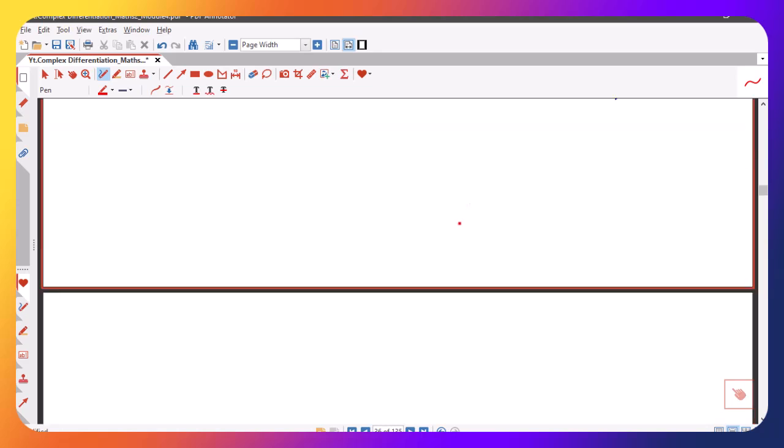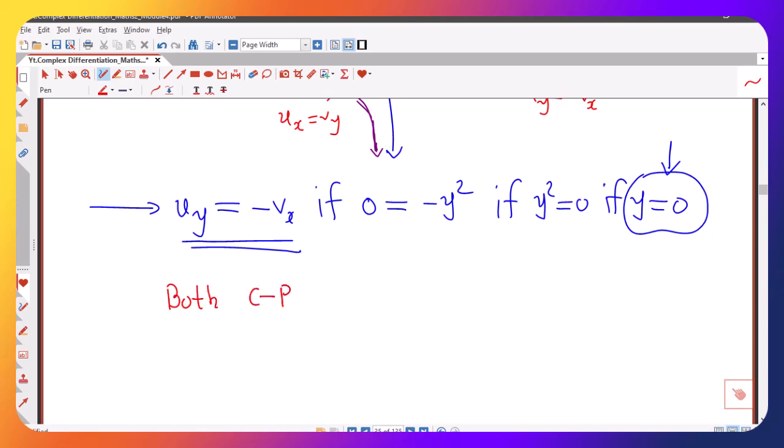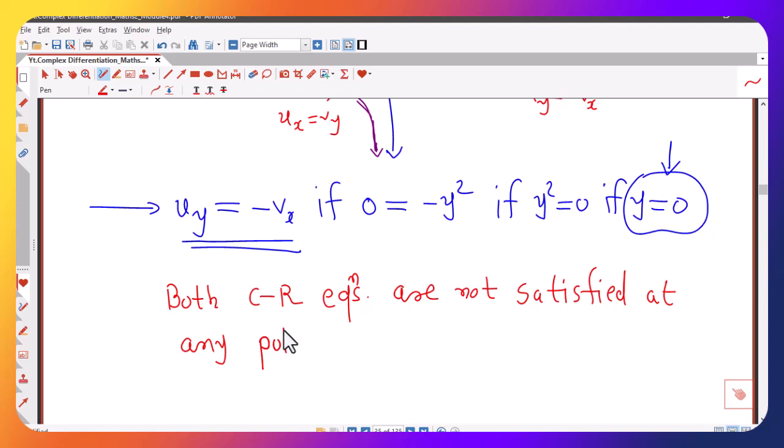So we can write that both Cauchy-Riemann equations are not satisfied at any point in the complex plane.